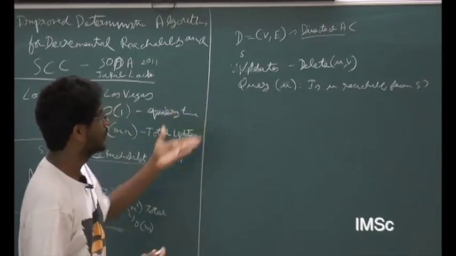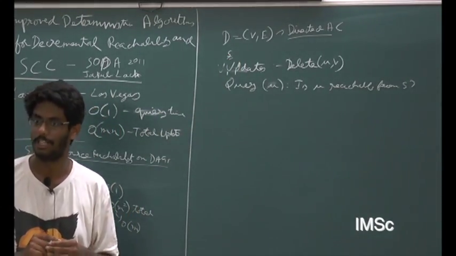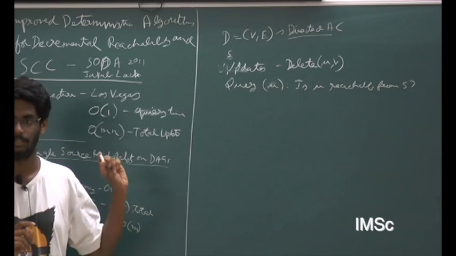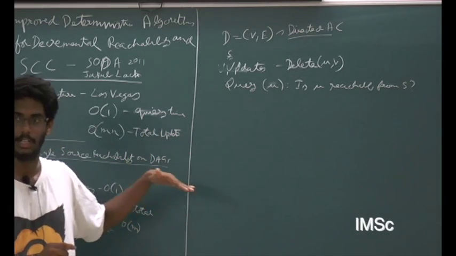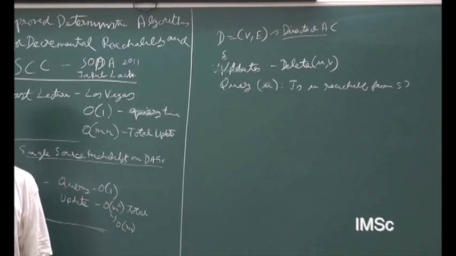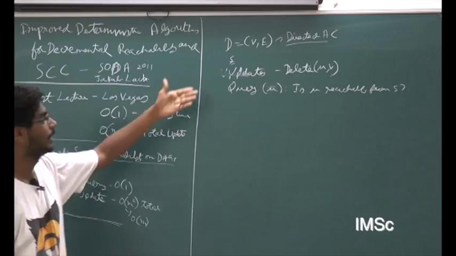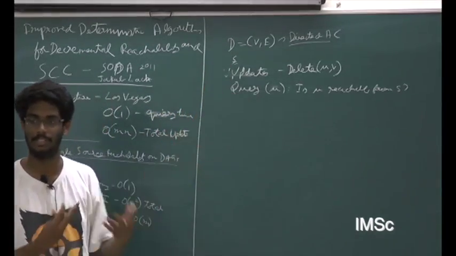So for initialization, you're given some vertex S in the DAG. Given that this is a decremental algorithm, and the entire next 2 days will be only decremental, anything which is not initially reachable from S is never reachable.